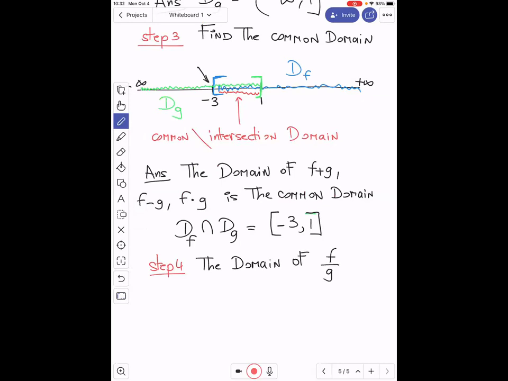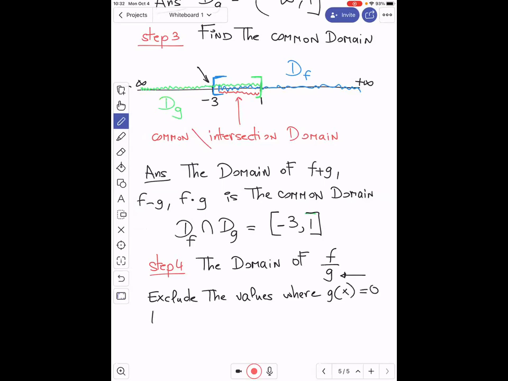Okay, so the thing is, because we have a division by g, it's a fraction, f over g. So we need to exclude the values of x where g of x is 0.